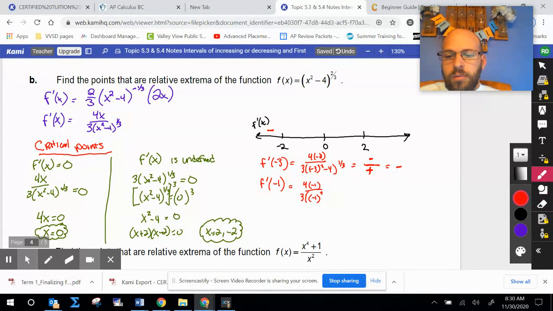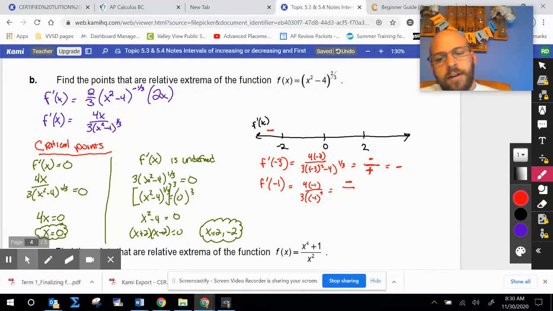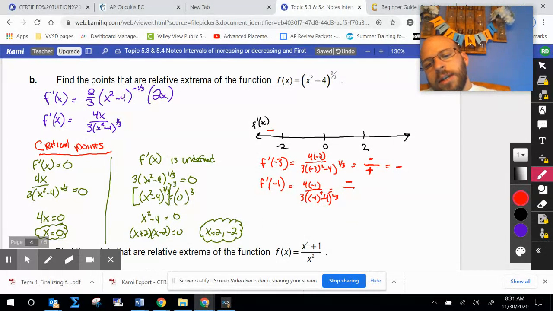Okay? And I realize that because I think we're going to have a little sign change here. This is 4 times a negative 1, which is a negative 4, and this would be minus 4 to the 1/3 power. That would be negative. There we go. That looks better. So if I have a negative over negative, that is a positive.